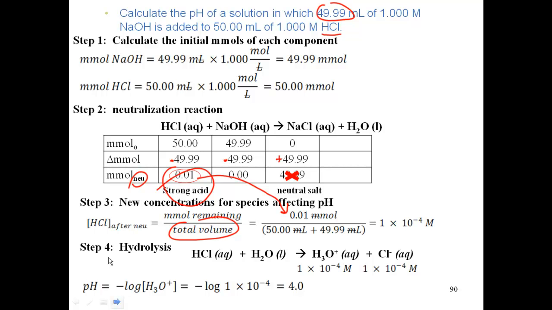Notice that we're only 0.01 milliliters from the equivalence point, and the pH went from 7 to 4. That's a large change for 0.01 milliliters. So when we get close to the equivalence point, the pH changes drastically.